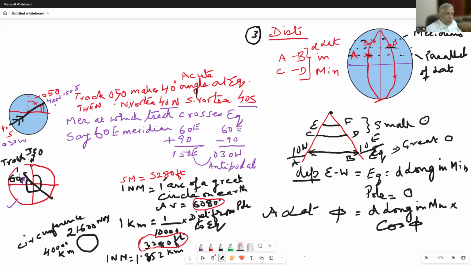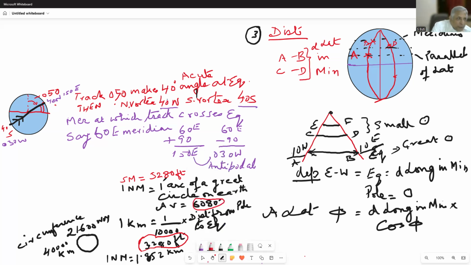How to find out the longitude of the north and the south vortex? Find the meridian at which this great circular track is cutting the equator, at which it is crossing the equator. In this example, I have taken this point at 60 degrees east meridian. Then to the right will be your north vortex.